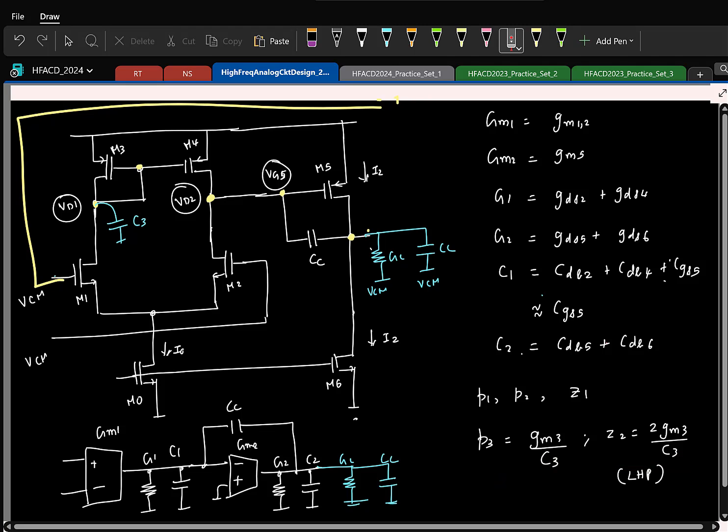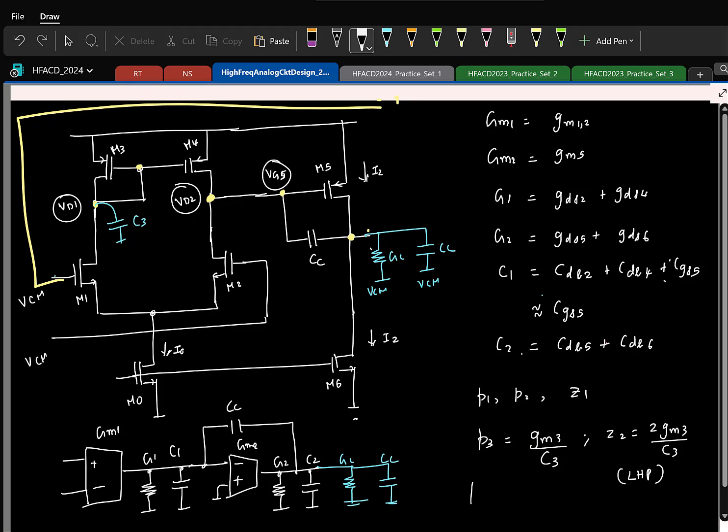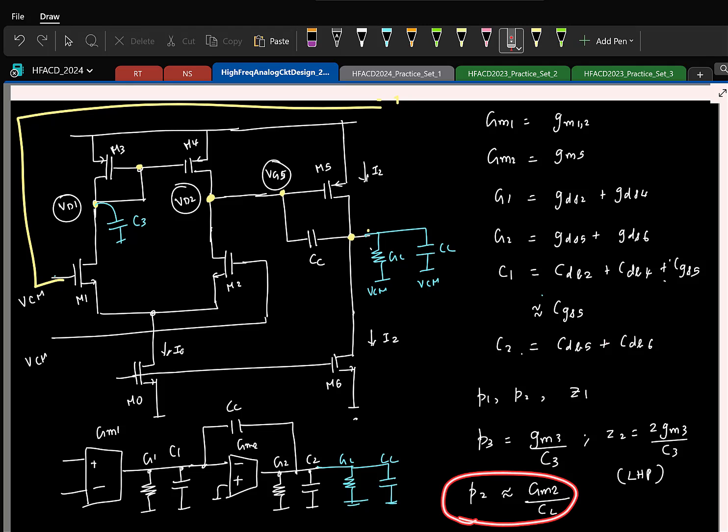And secondly, if you compare the relative positions, this is at GM3 by C3. Where is the second pole here from the block level? GM2 by CL. Let's say it's CL. Now you know CL is going to be a load capacitor which will be typically much higher than the parasitics. If that is the case, this non-dominant pole is already occurring at a lower frequency than this.